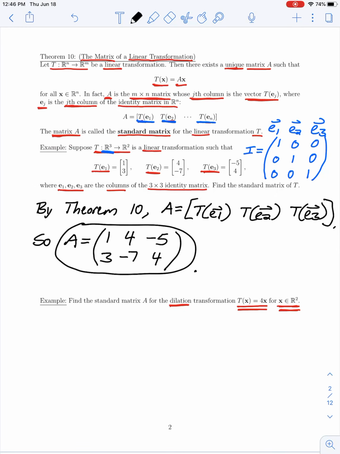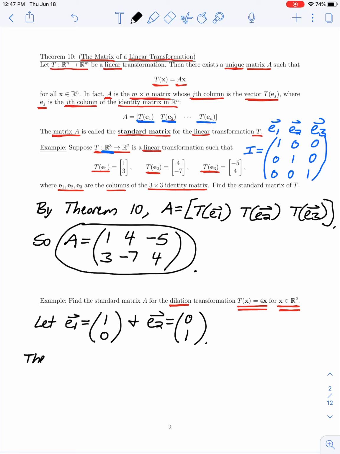So using our new theorem, Theorem 10, we know as long as we can find the image of these basis vectors, E1 and E2, then we can find our standard matrix. So since we're looking at vectors x in the plane, we just need E1 and E2. Those are the first two columns of the 2 by 2 identity matrix. And if we can find the images of those vectors, then we have our standard matrix.